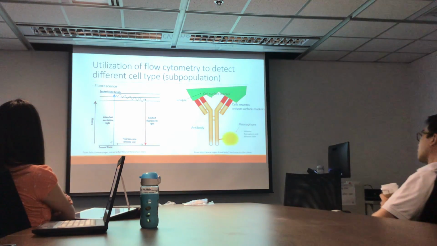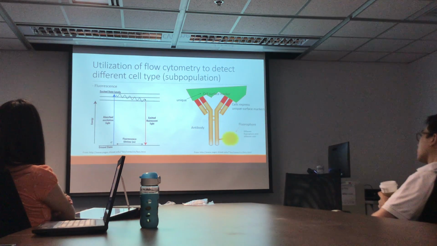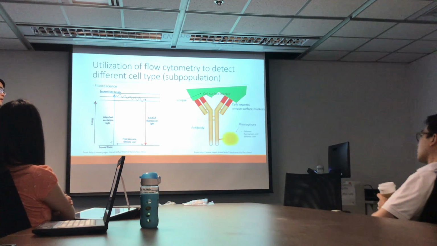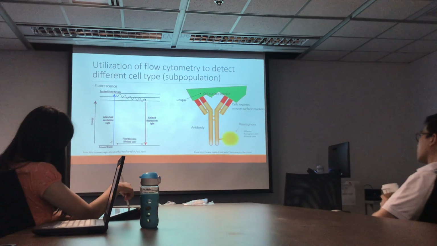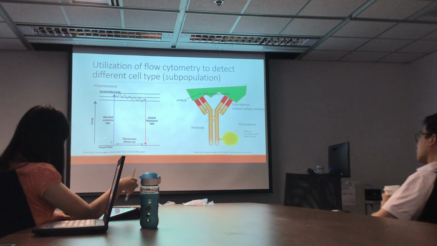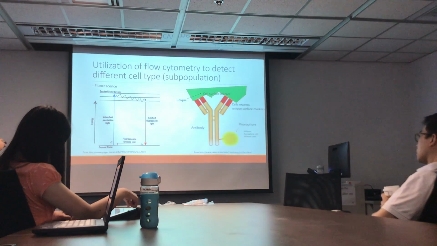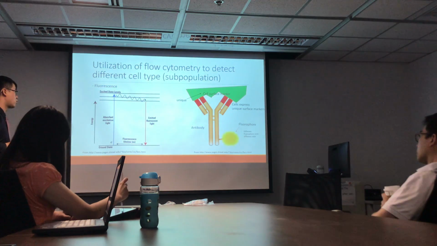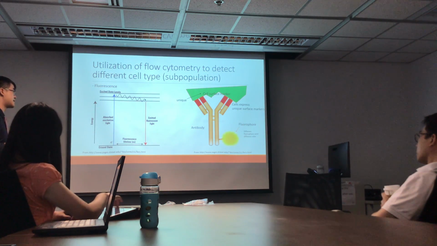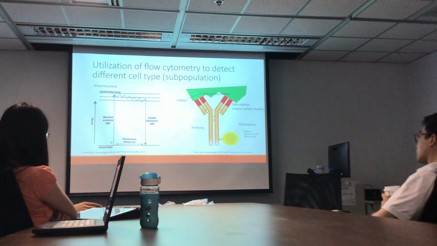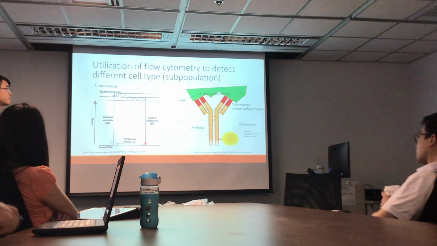Basically, it's when we have a light source, in our case a laser beam, that shines on something we call a fluorophore. A fluorophore is simply a molecule that's able to undergo the fluorescence phenomenon. So when light hits the molecule, it excites an electron to a higher energy state. And while it drops back to the ground state on a nanosecond scale, it emits fluorescence light that we are able to detect.